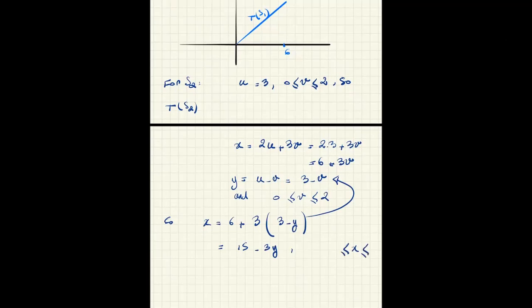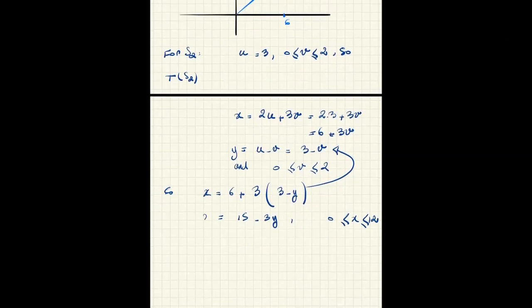You have to express everything in terms of x and y. If V is allowed to move from 0 to 2, and x is equal to 6 plus 3V, what's the range of x? This 3V is from 0 to 6, so 3V plus 6 is from 6 to 12.